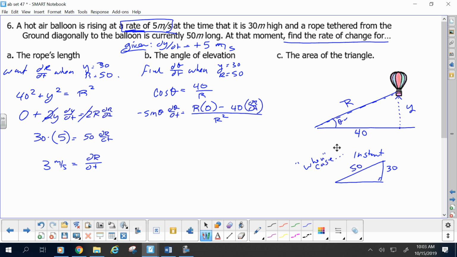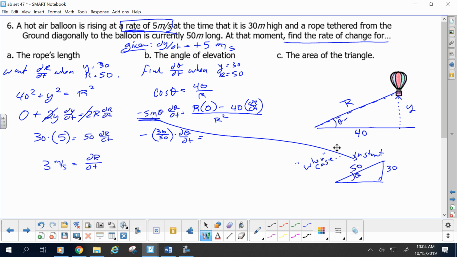So I'm down. Negative sign. I know students are always tempted to pick up the calculator here. This can be done without a picture here. Look at the picture. What is the sine of theta? SOHCAHTOA. 30 over 50. Right? Or 3/5. d theta dt is that which I'm looking for.